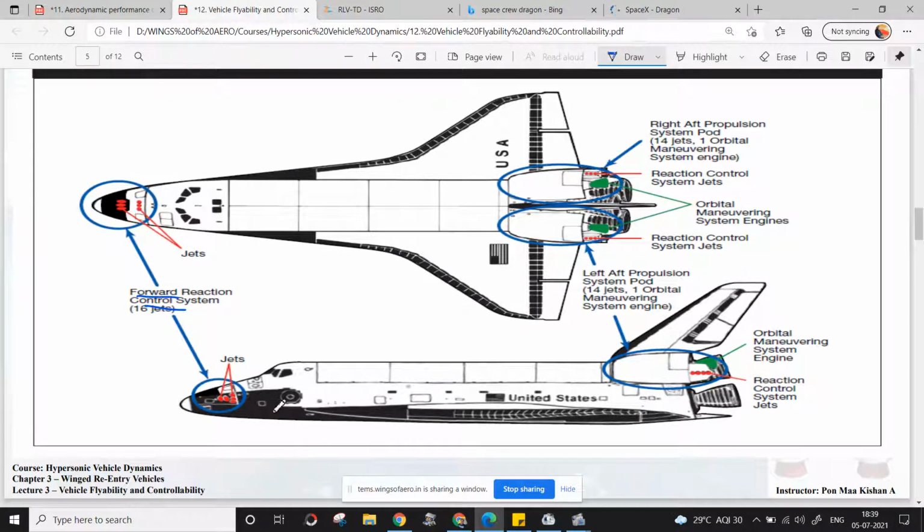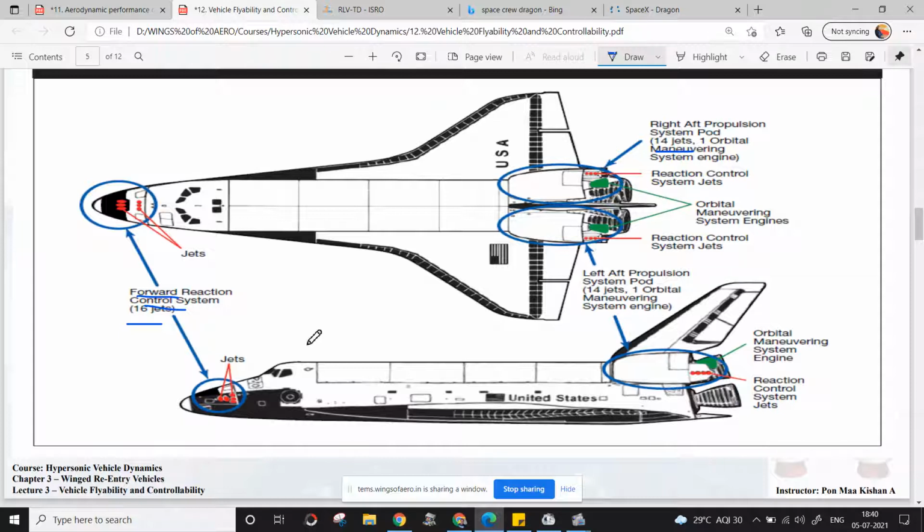So how is this RCS system going to help in maneuverability? There are nearly 16 jets in the front nose section of the space shuttle and nearly 14 jets in the rear end.